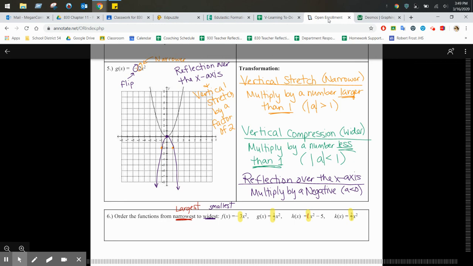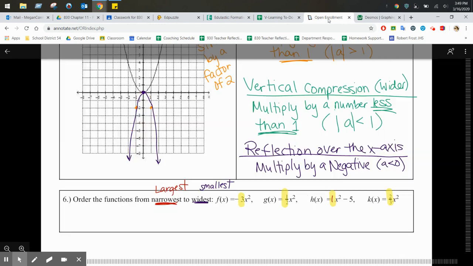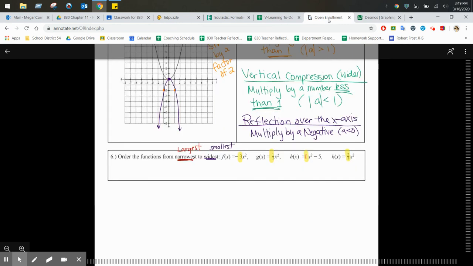So narrowest to widest. Narrowest, again, is the largest number. So the largest one, I've got 3, I've got 1/2, I've got 1, and I've got 2/3. So largest one is going to be 3. So I've got f of x equals negative 3x squared will be the narrowest one because it's the largest number, ignoring the negative.